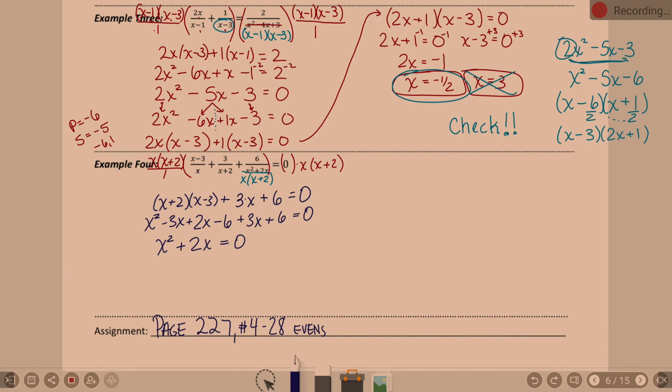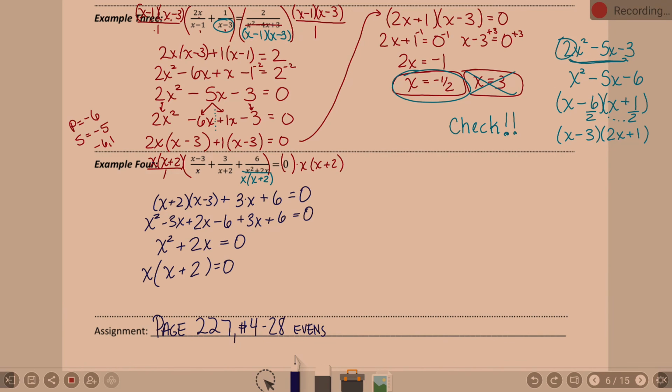Does it factor? We can't think product and sum here because there's no constant term, right? But is there a GCF? Yeah. There is a GCF. X squared and 2x both divide by an x. So if you factor the GCF of x out front, we're then left with x plus 2.